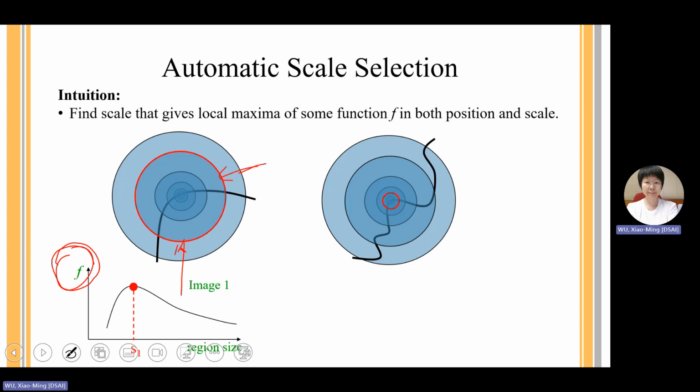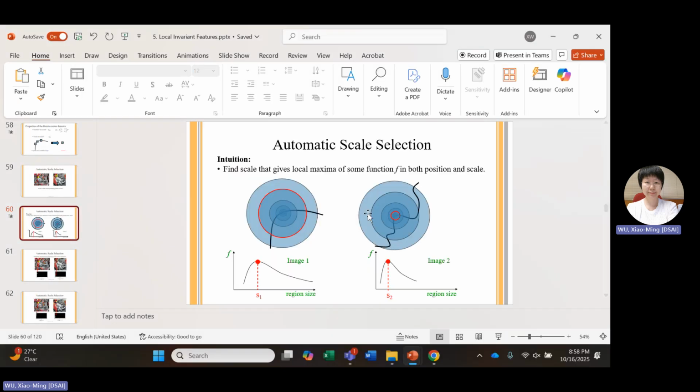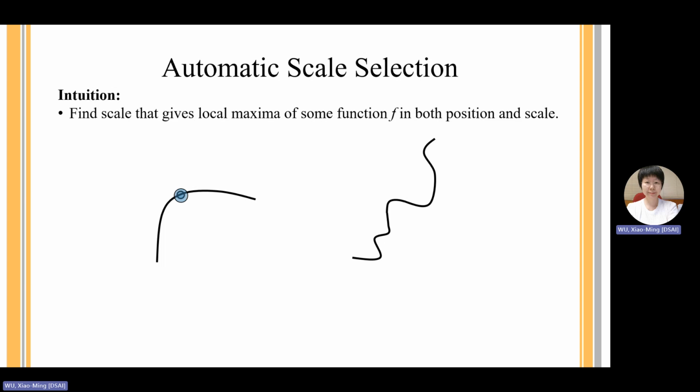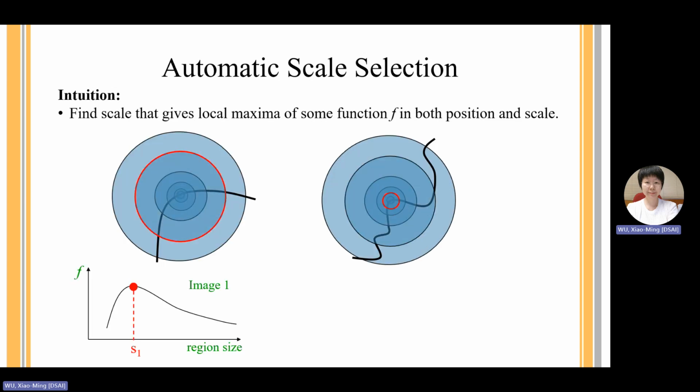So there are, for example, 6 window sizes, 1, 2, 3, 4, 5, 6. And the largest response occurs at window 5.